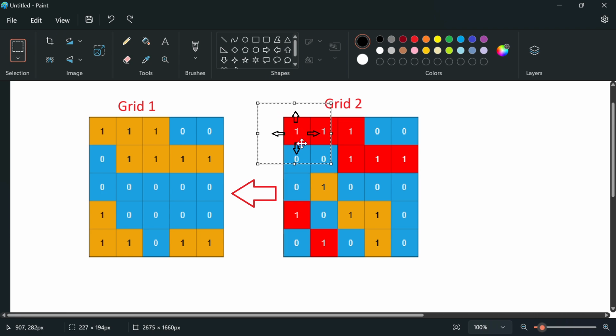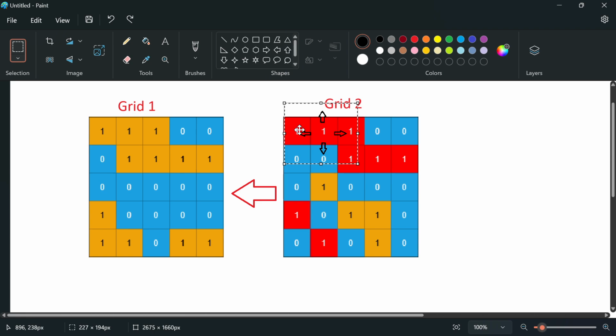In grid 2 we are iterating over the entire grid, and we start our main process when grid 2 has a 1. Here we got 1, and we check if there is any one in all four directions. We have one in the right direction, so we go to that position.